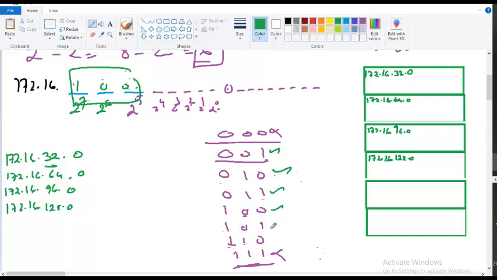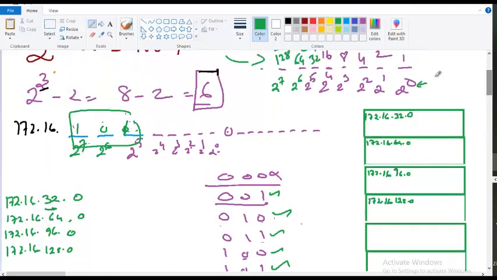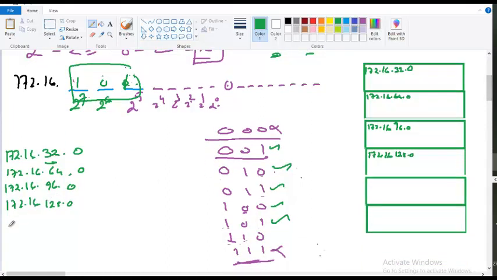And now this is going to be the fifth, 101, which means I need to add 128 plus 32, which will be 160. So in the third octet, 172.16.160.0.